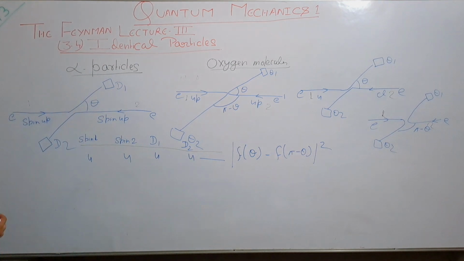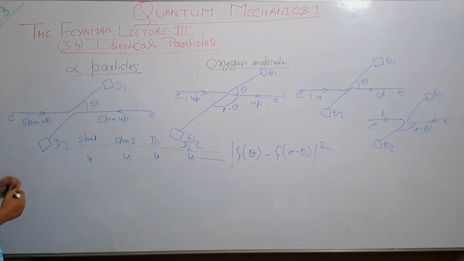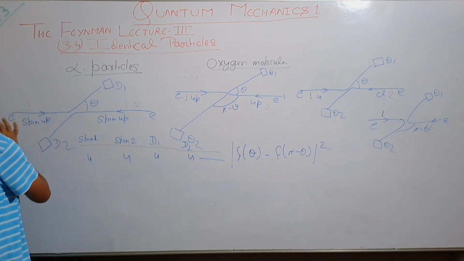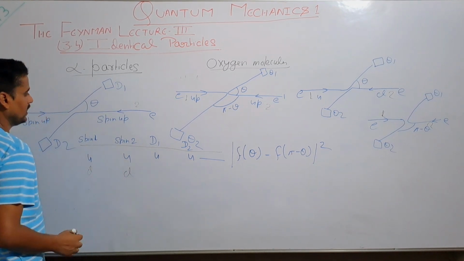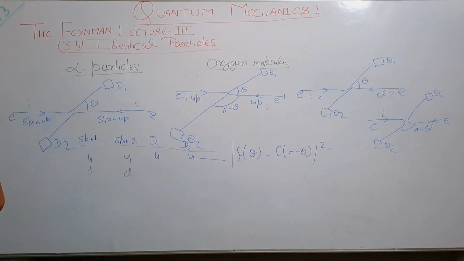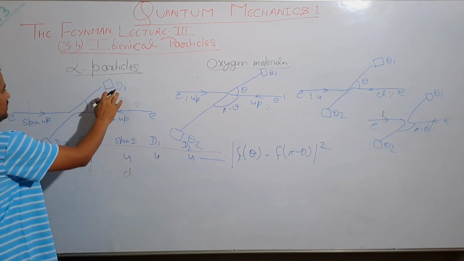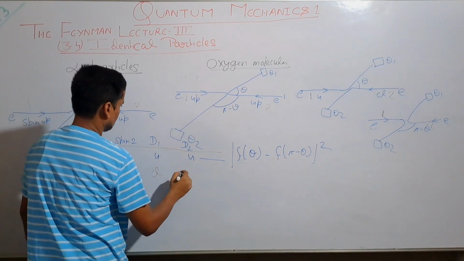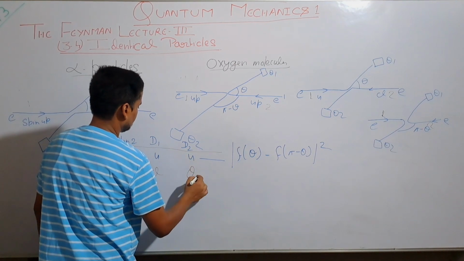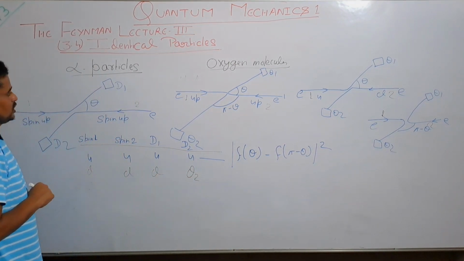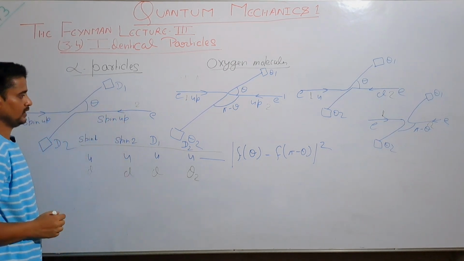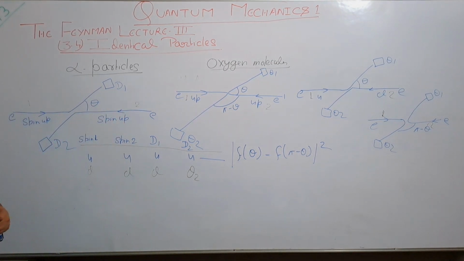Suppose the spin of the first particle is down, and the second particle is also down, the electron at D1 is down and the same at D2. It means there is no change in spin after the collision. Then what will be the probability?